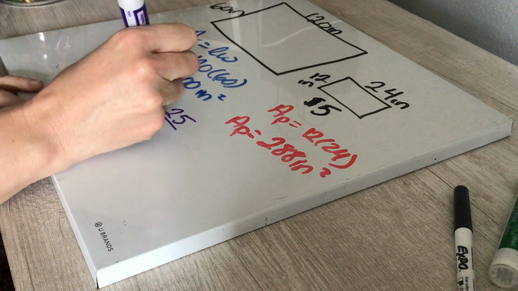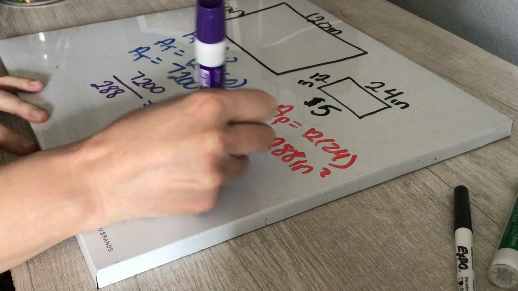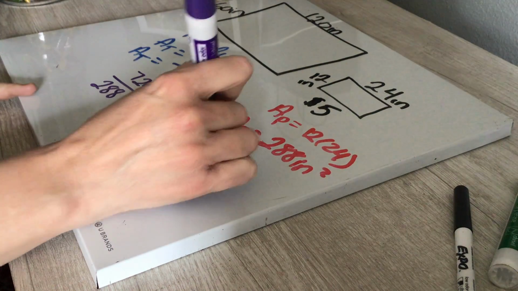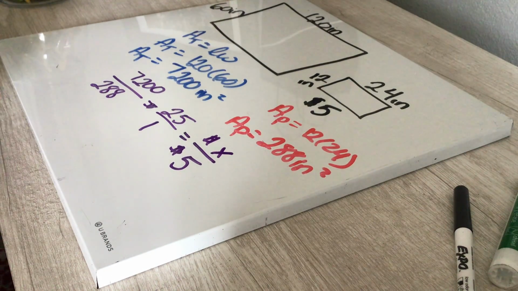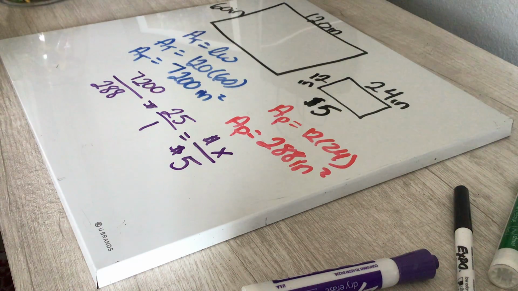Then you're going to use that and say, if one placemat costs us $5, how many dollars is the tablecloth going to cost? So we set up a proportion: 25 over 1 is x over 5.